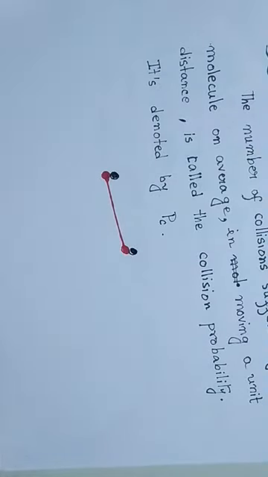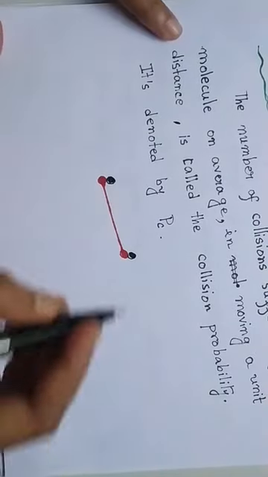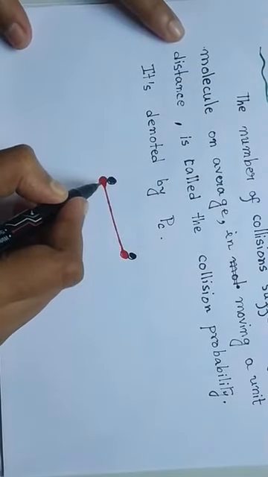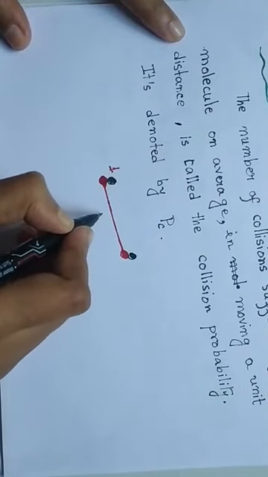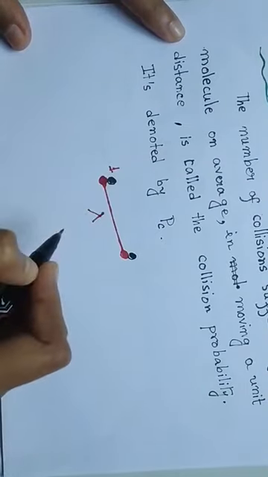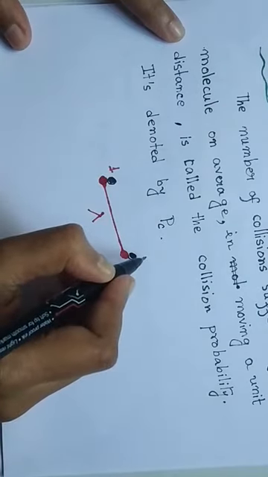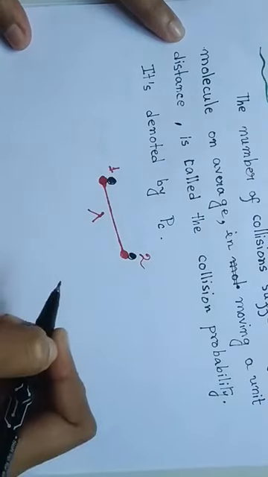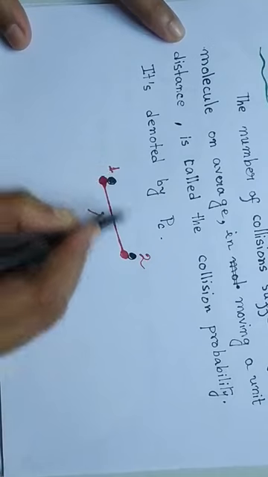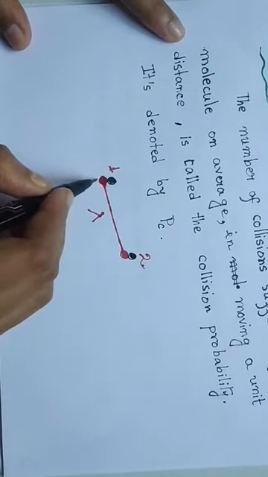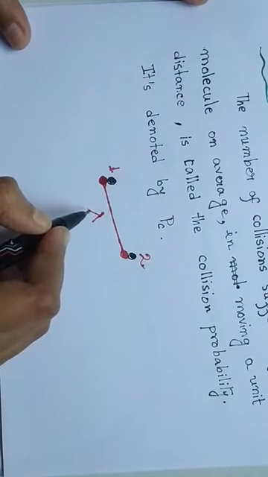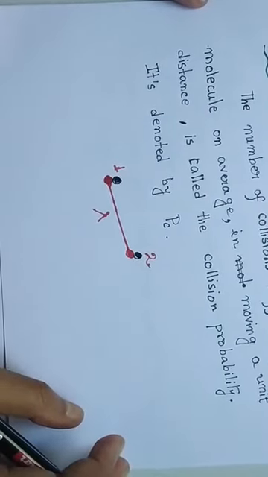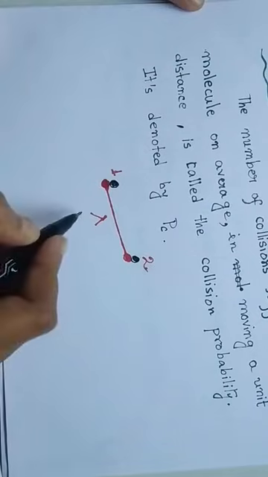According to the definition of mean free path, on average, after suffering this first collision, it will travel a distance of lambda before suffering the second collision. That is, between two successive collisions, this red molecule will on average travel a distance of lambda. So this is the average value.